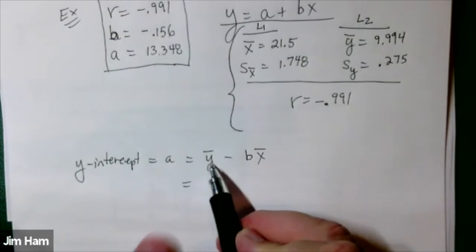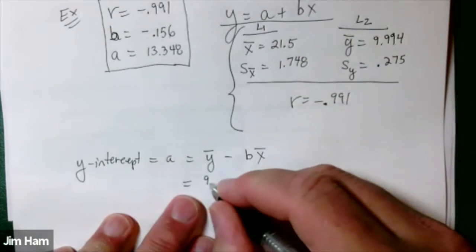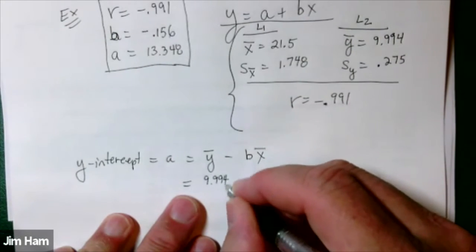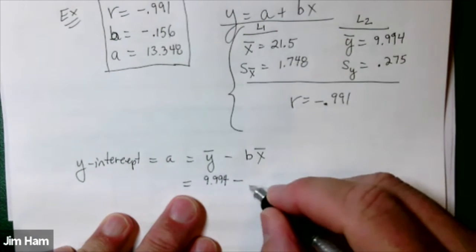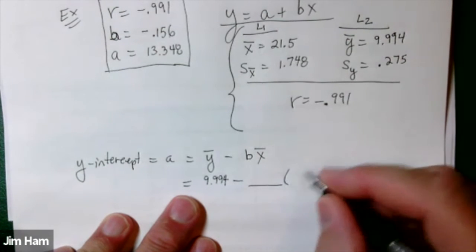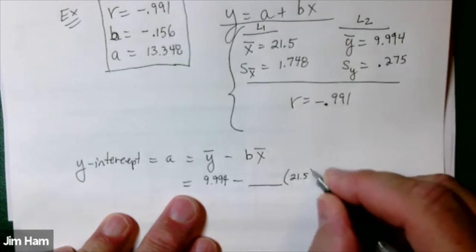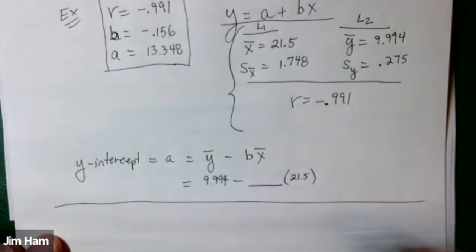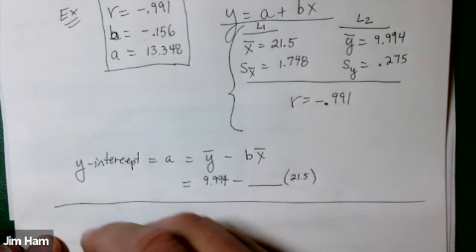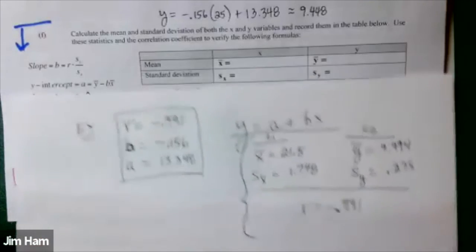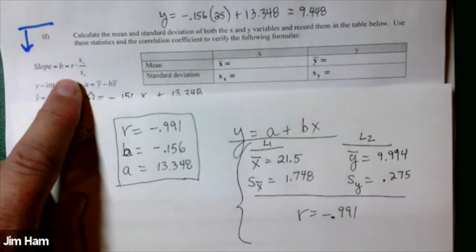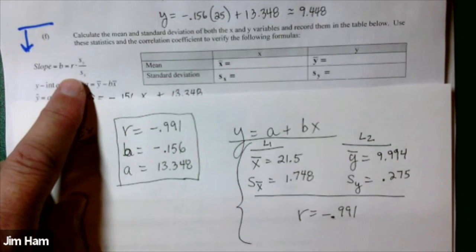We take Y bar, which is 9.994, and subtract the B coordinate, which I don't know yet, times the X coordinate, which is 21.5. So I guess I have to calculate the slope first. And the slope is given by the value B, which is R times the ratio of these standard deviations.